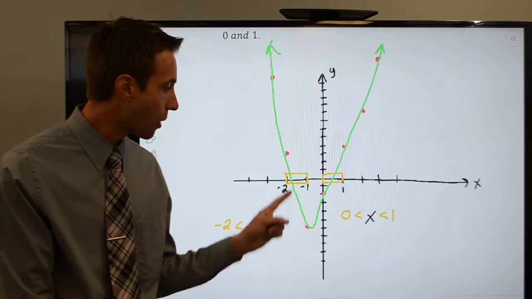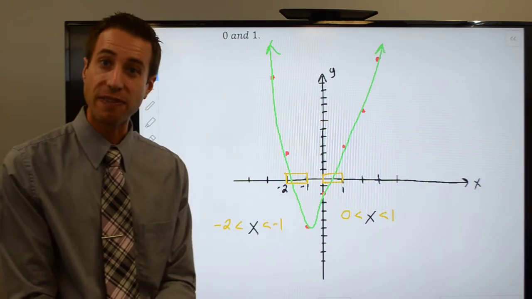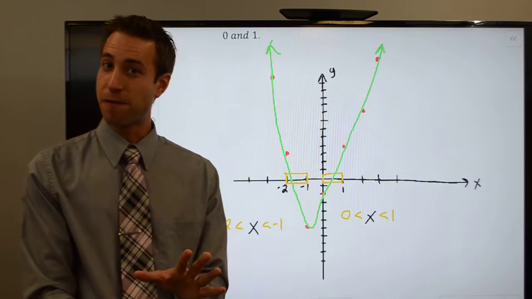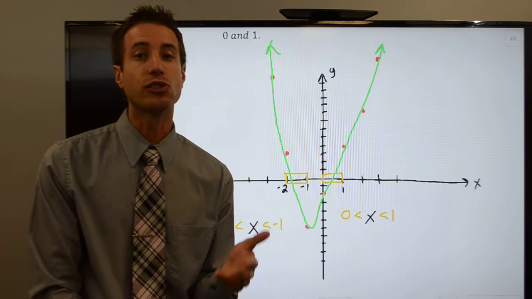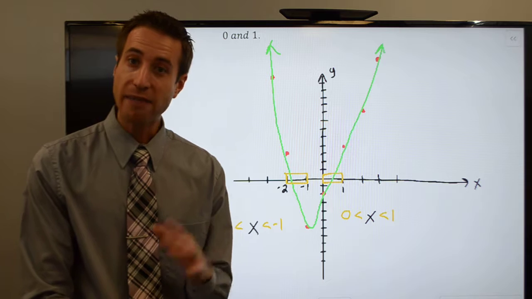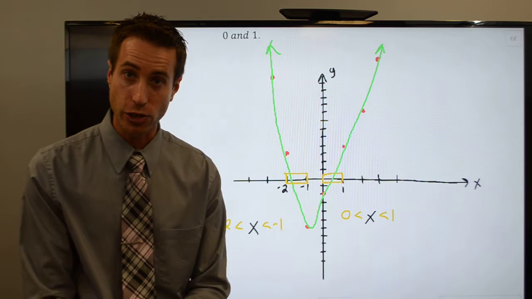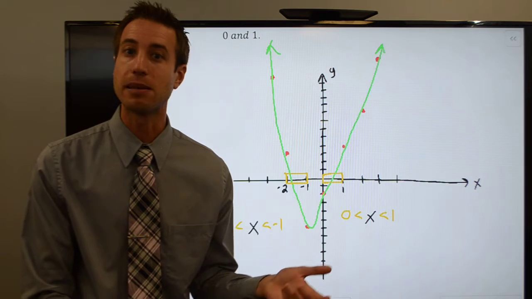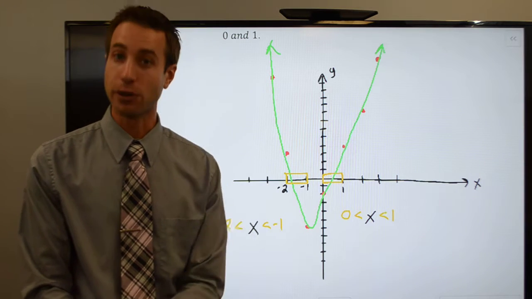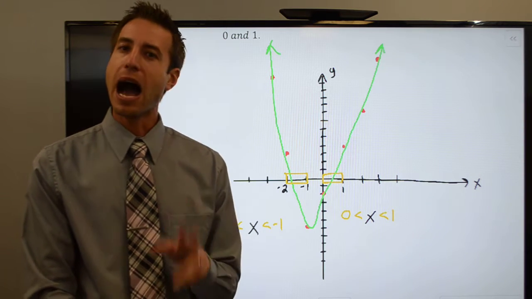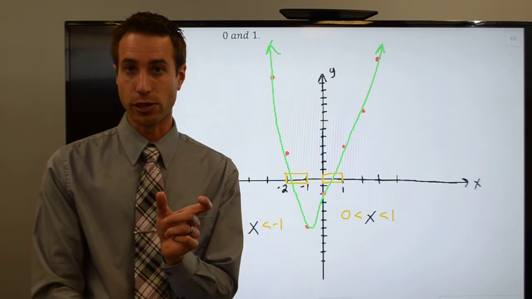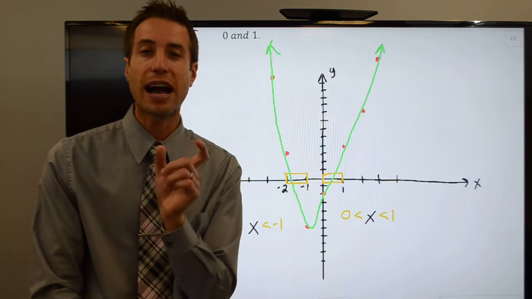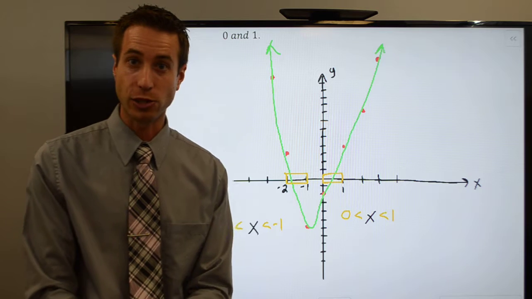I don't know exactly what that value is. In fact, I actually don't care. I've asked you for consecutive integers. So what is the exact solution? It doesn't matter. I'm not asking you for the exact solution. I'm asking you for the integers between which I will find my solution.